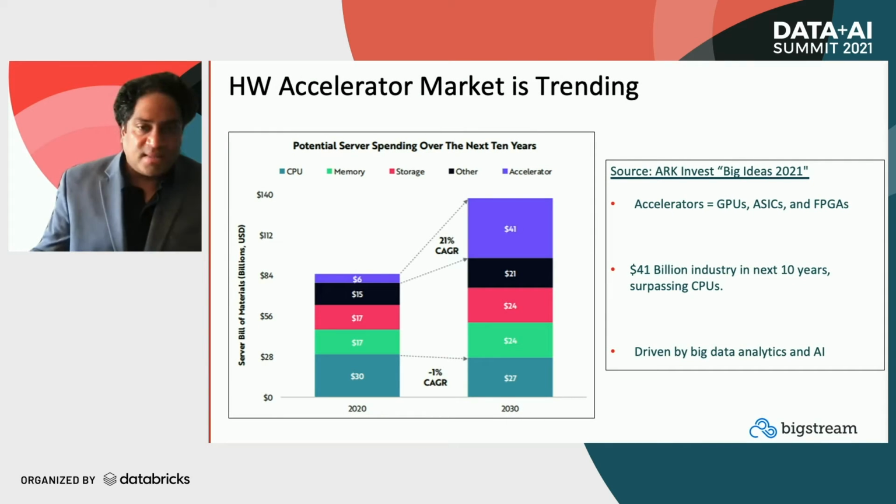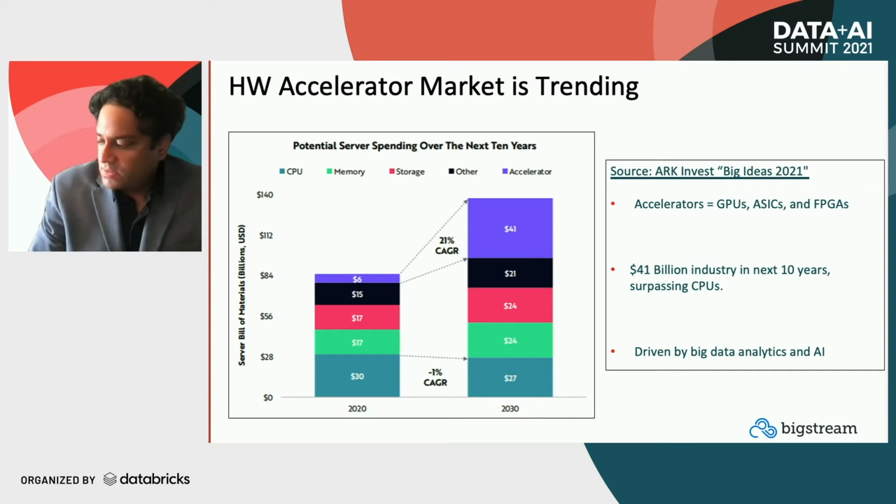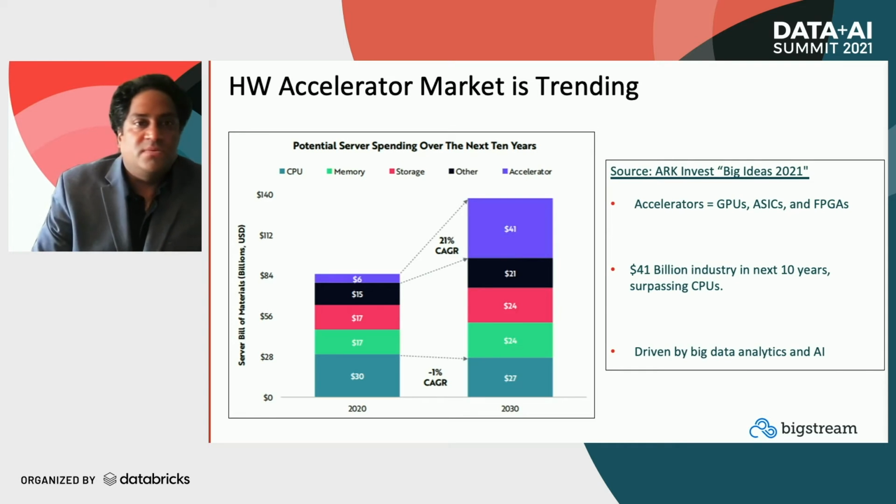The other thing I'd like to bring out today is that the hardware acceleration market is trending. This is happening. People are using this. Some evidence I want to present is some interesting research done by ARK Invest, in a recent article that they wrote. What they're saying is that in the next decade, the accelerator market in terms of hardware is going to grow by many factors.